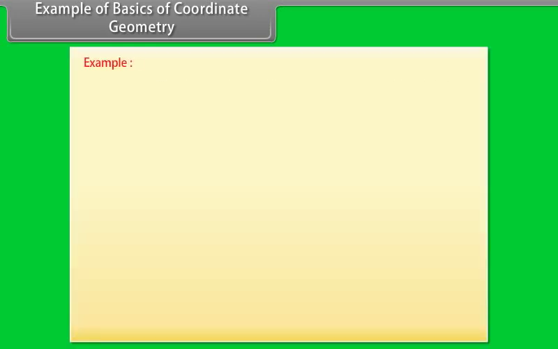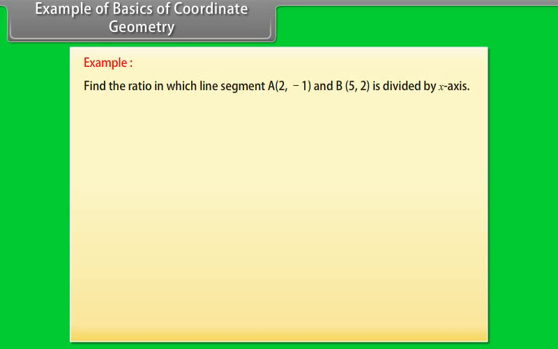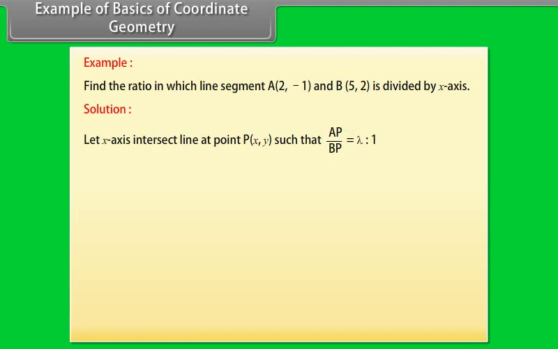Example. Find the ratio in which line segment A(2, -1) and B(5, 2) is divided by the x-axis. Solution. Let the x-axis intersect the line at point P(x, y), such that AP by BP is equal to lambda is to 1. It implies y is equal to 0.